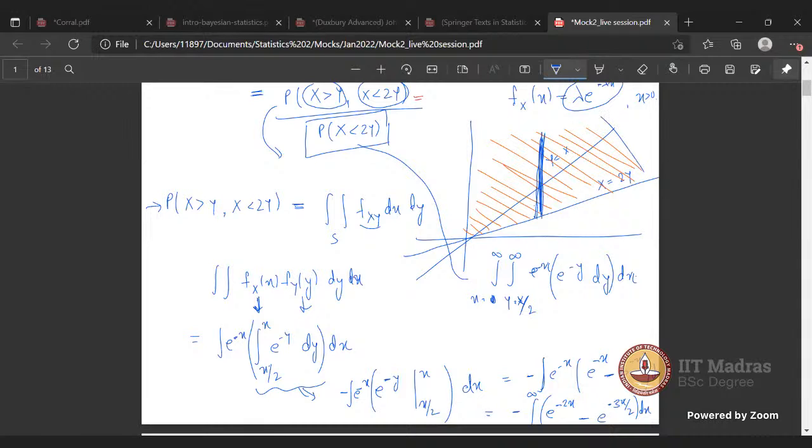This whole orange shaded region is your interest. Where is this lying? This is going from 0 to infinity, as you have x greater than 0. This is the support of x. So your x is going from 0 to infinity. It can take any value there. Got it.